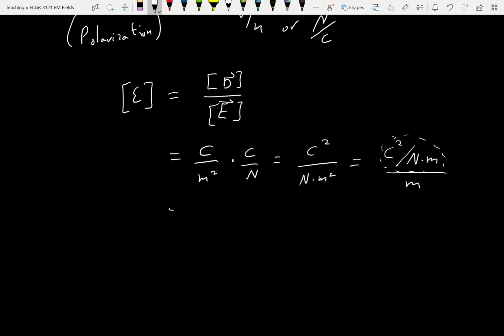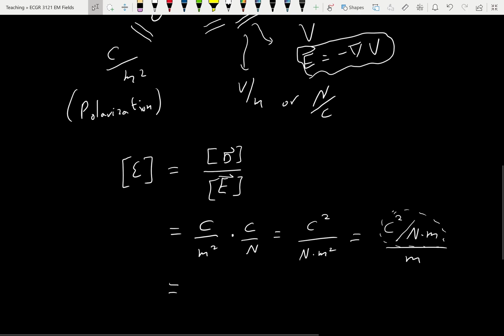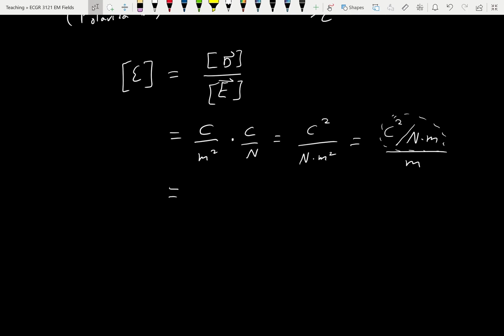Right? Let's use the other form for the electric field intensity, which is volt per meter. We said we typically use those units instead of Newton per Coulomb, since those are more common. So Coulomb per meter squared dot the inverse of the units of E, which are meter per volt.